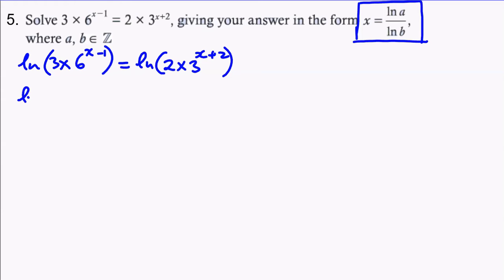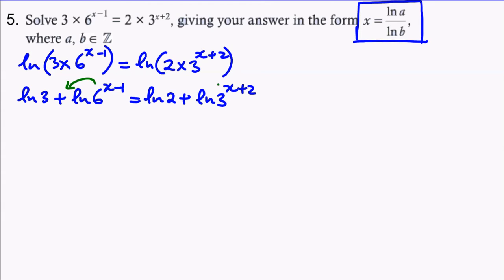So I'll end up with ln 3 plus ln 6 to the x minus 1. Now if you're taking logarithms of a product, then it means you can add the logs of each of those. Same thing on the right, ln 2 plus ln 3 to the power x plus 2. And then bring this to the left, bring this to the left.